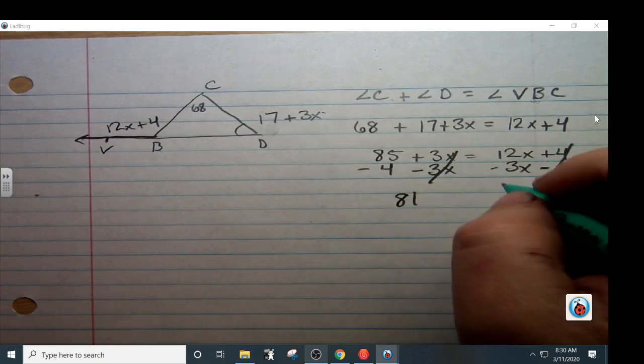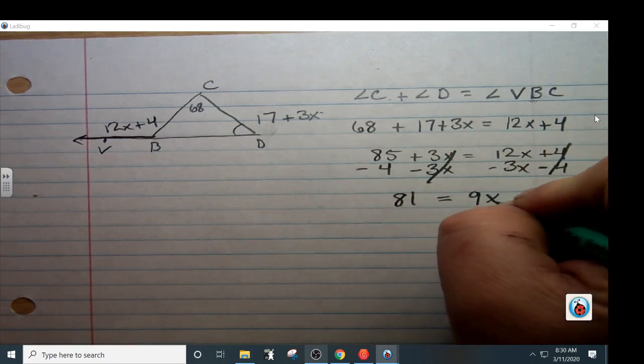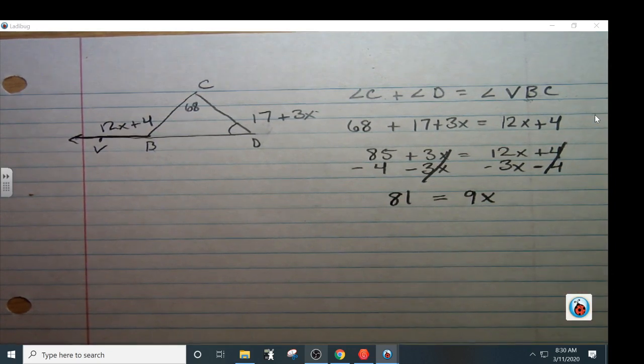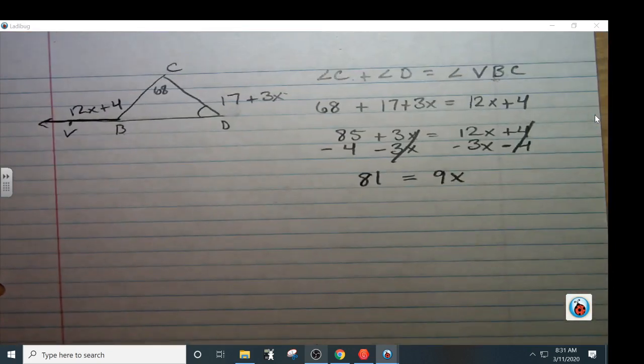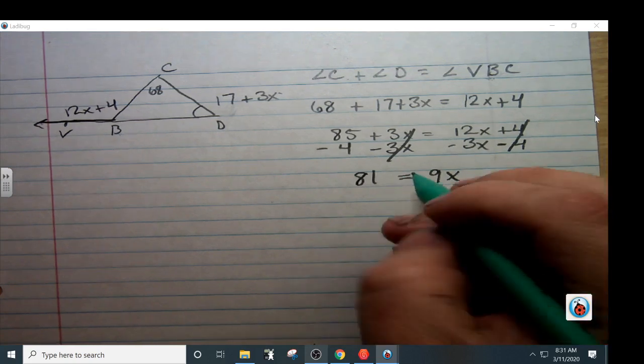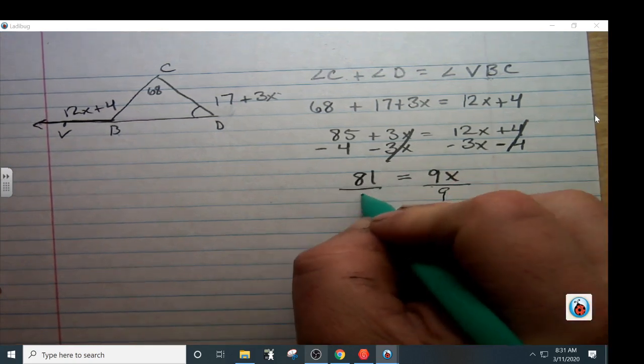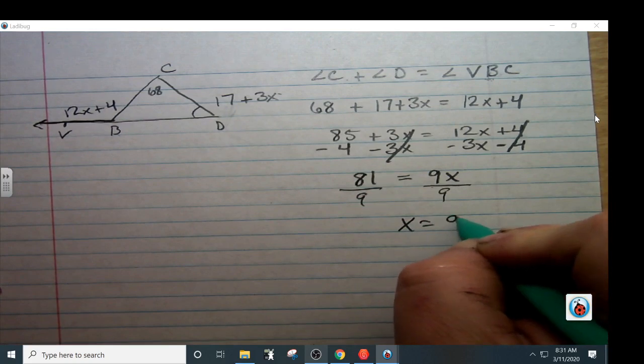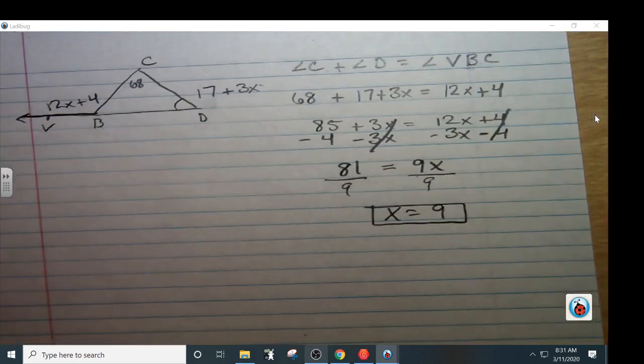That cancels. Then I'm going to divide. X equals 9.